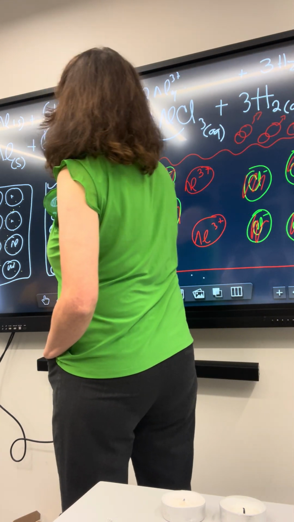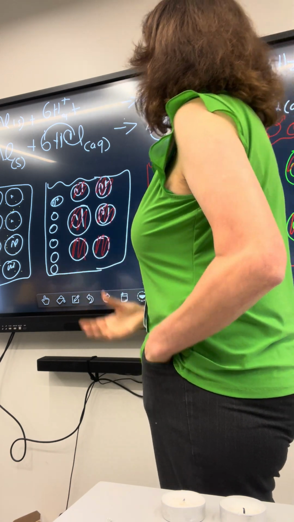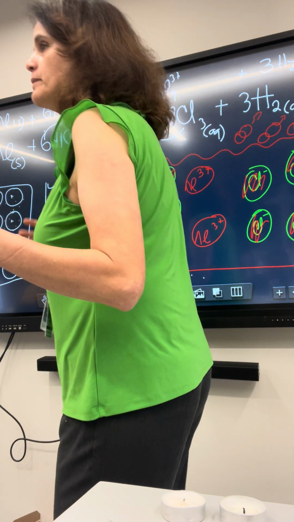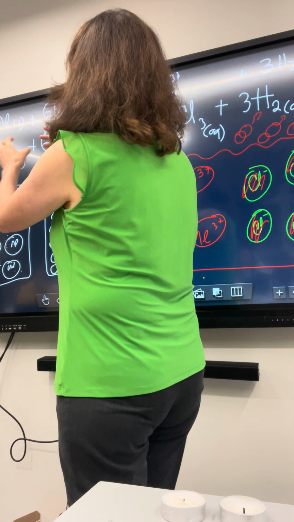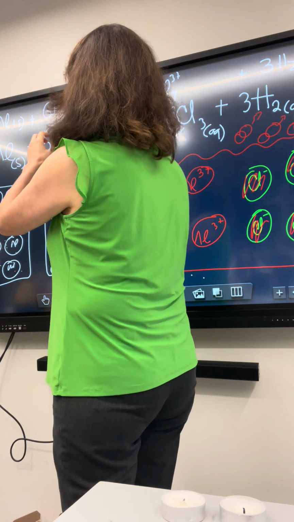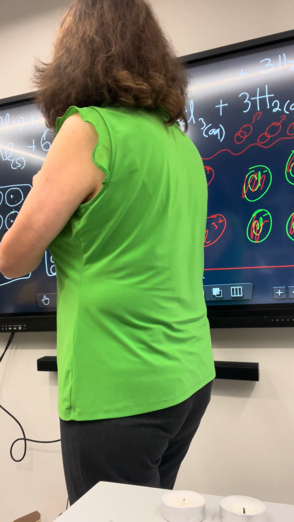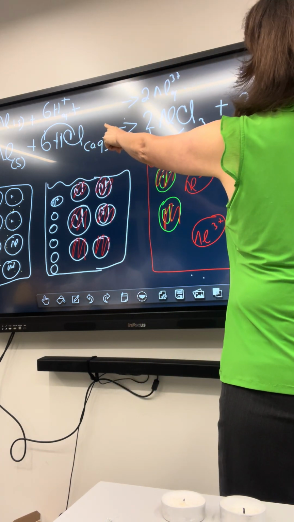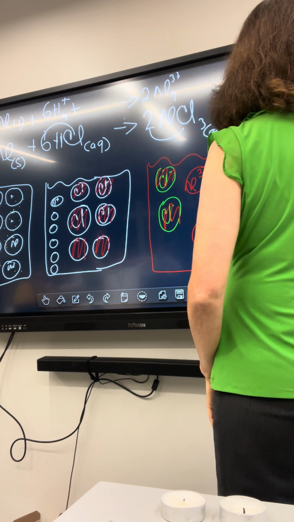And all you really had in this single displacement reaction is aluminum that was unstable because it was a solid, so it ran into the hydrogen ions. And for every aluminum, you gave 3 hydrogen ions your electrons. Then when the hydrogen got the electrons, it escaped as a gas, and the aluminum jumped into the solution.